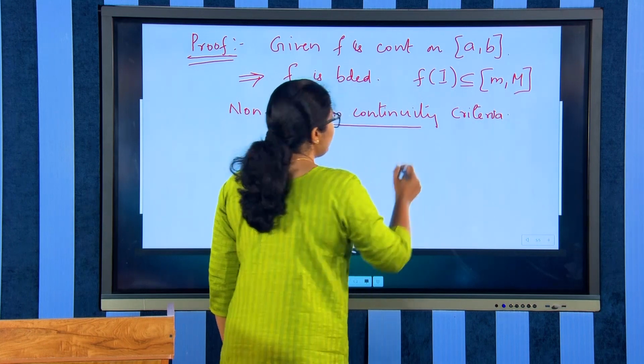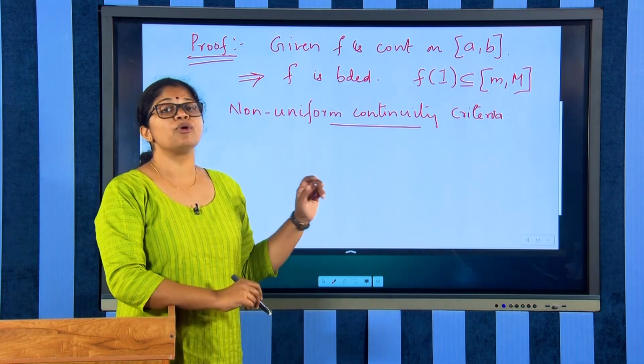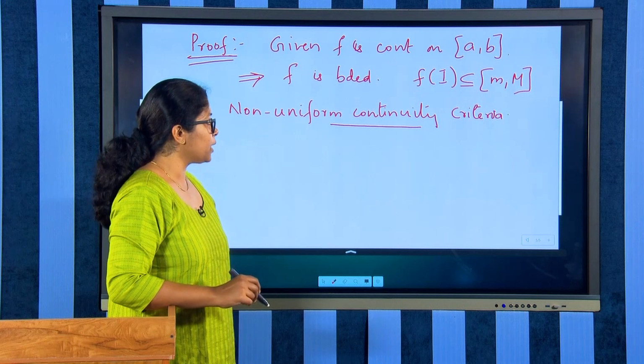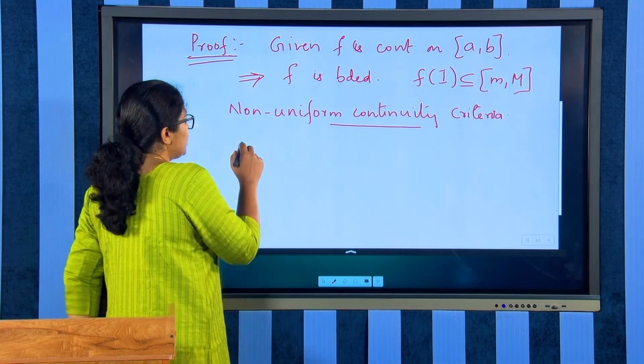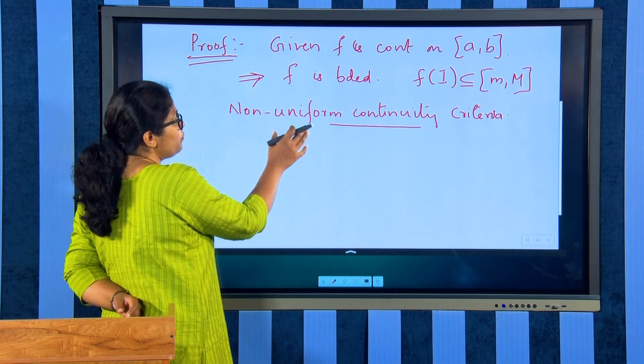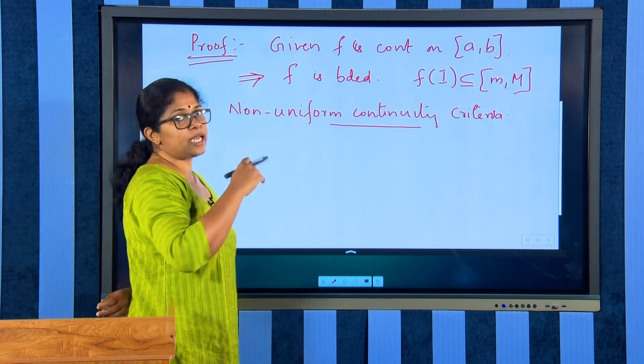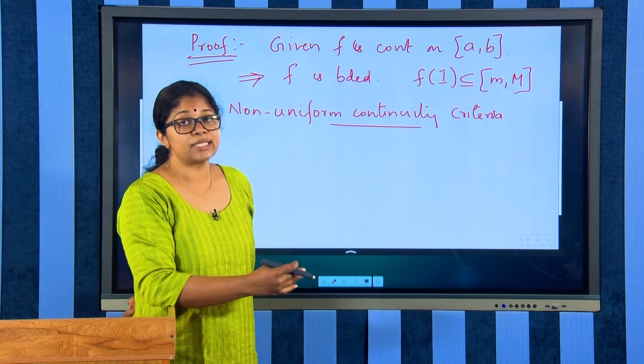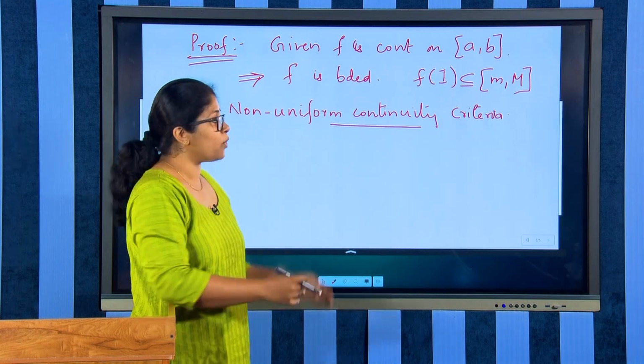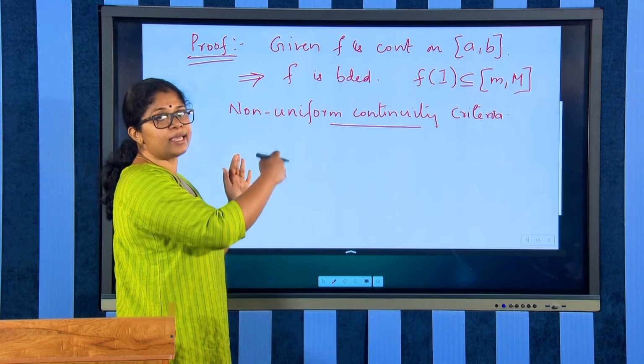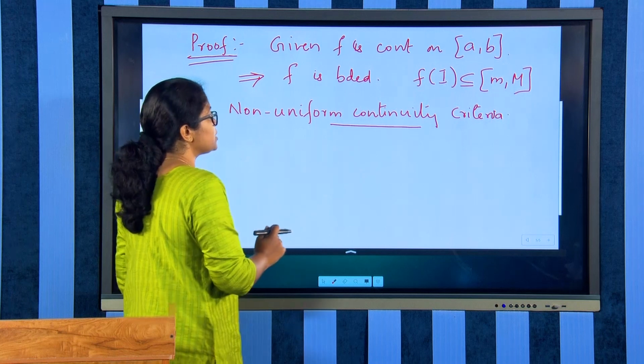That means, when will you say that the function is not uniformly continuous? Uniform continuity says that given epsilon greater than 0, there should exist a delta greater than 0, such that modulus of x minus y less than delta implies modulus of f of x minus f of y less than epsilon.